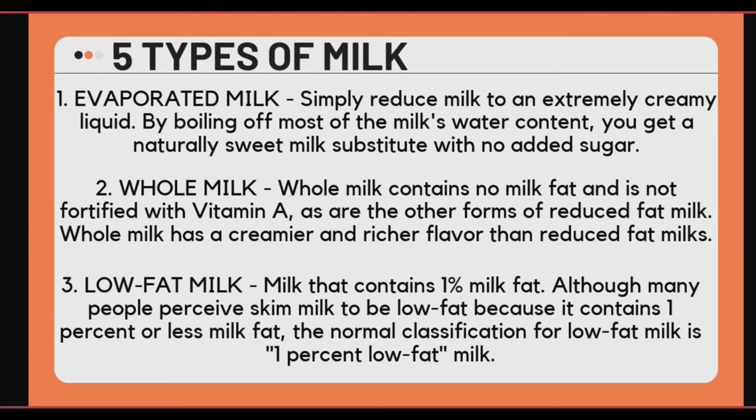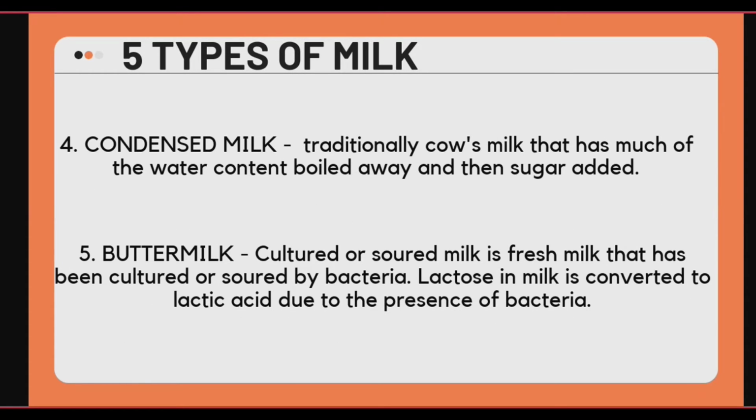Milk that contains 1% milk fat, although many people perceive skim milk to be low fat because it contains 1% of less milk fat. The normal classification for low fat milk is 1% low fat milk. Fourth, condensed milk.